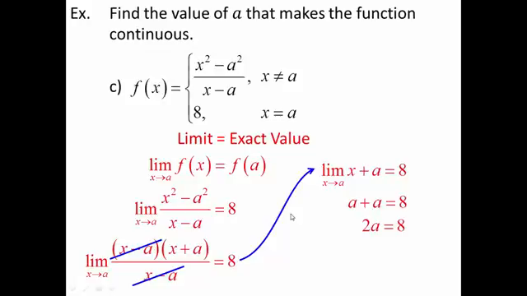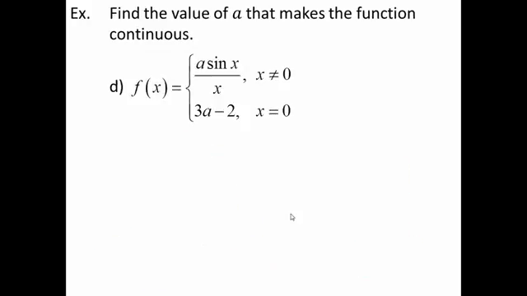Apply the limit, combine like terms, and divide, and we see as long as the a value is exactly 4, then the limit is going to equal the exact value of the function. Otherwise, we're going to get that situation where the limit exists, the function exists, but the limit does not equal the function. One more. Pause here, play when you're ready.